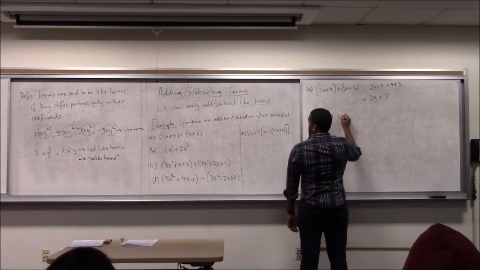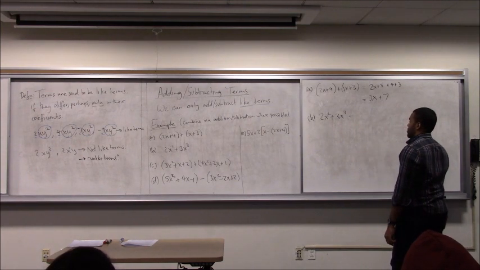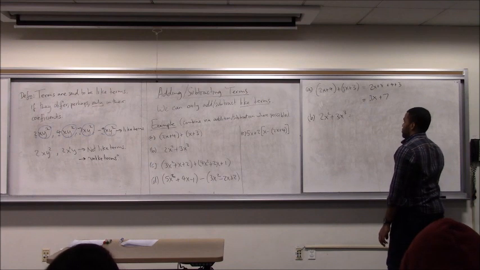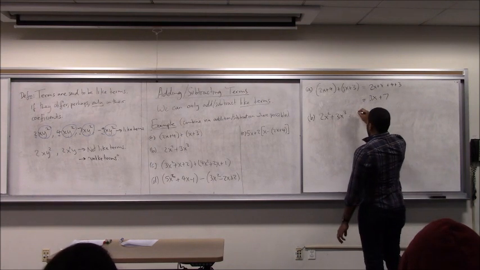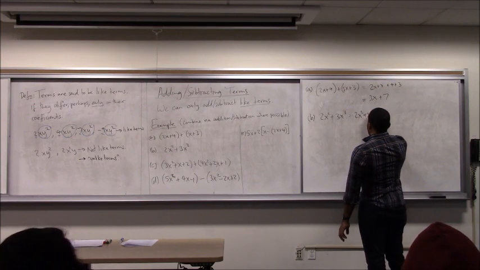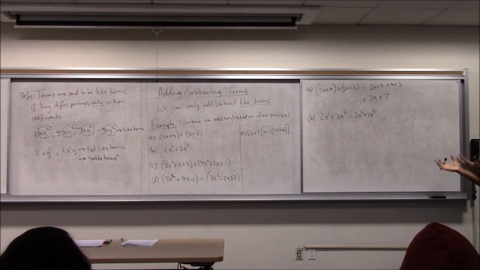2x squared plus 3x cubed. What is that? Right, that's 2x squared plus 3x cubed. If you thought that was something like 5x to the 5th, you're way off.